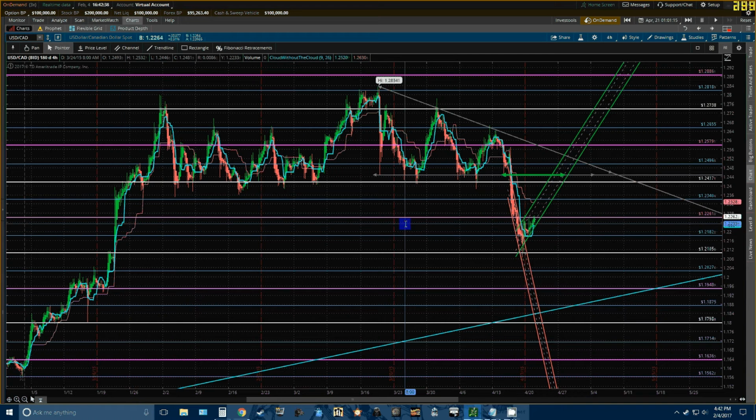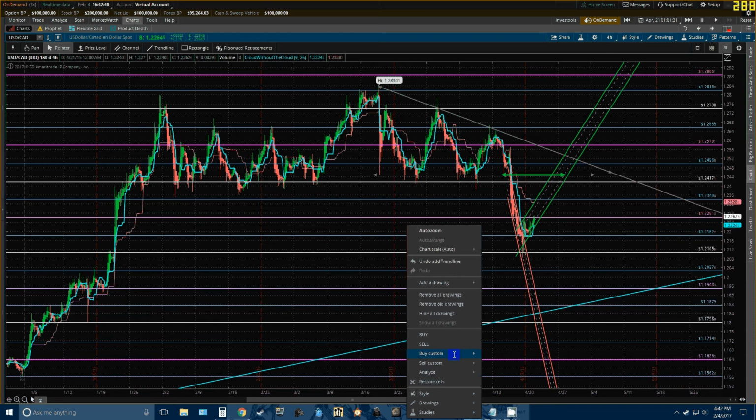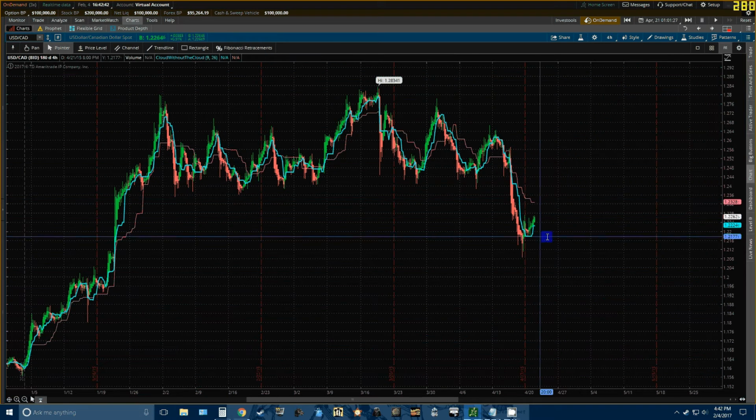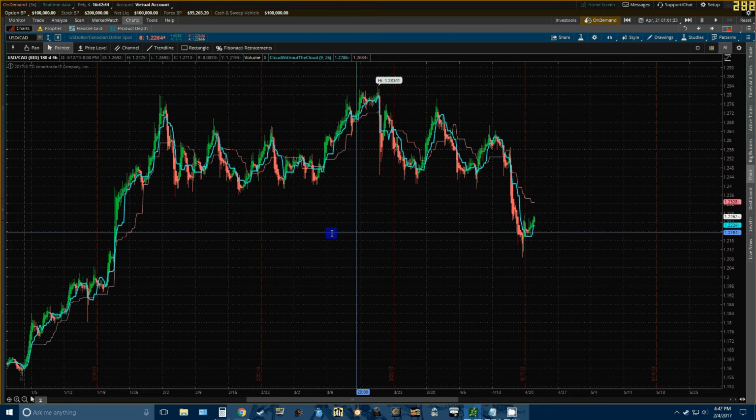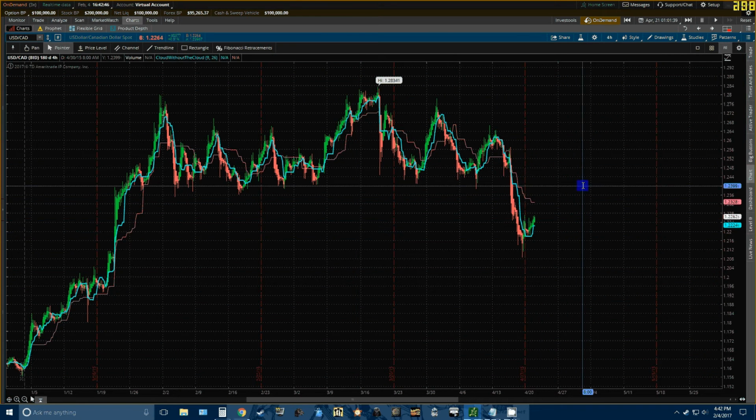So that would be one reason why I'd want to buy. There is a somewhat good reason to buy here. I wouldn't count that as a great reason, so that would already turn me off to buying this, but let's go on just for the sake of the strategy.